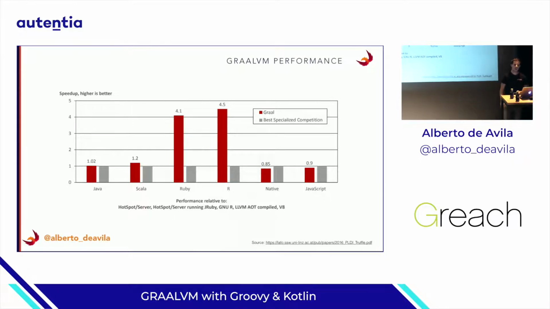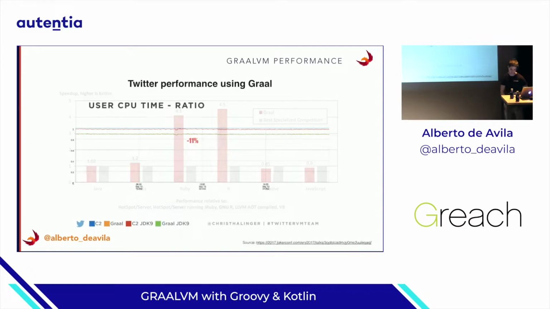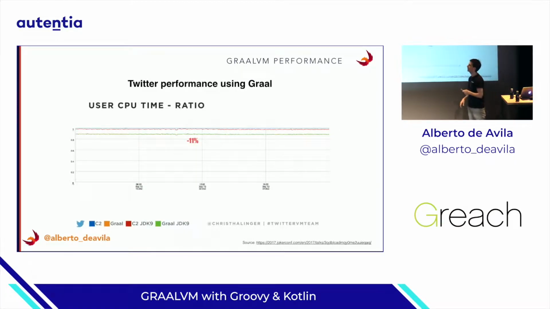As you can see, for Java and Scala, it has more or less the same performance. For Scala, it is 20% better in performance. But in Ruby or R, we have 4 times faster execution. And this is a good example of what Graal can do in real life.